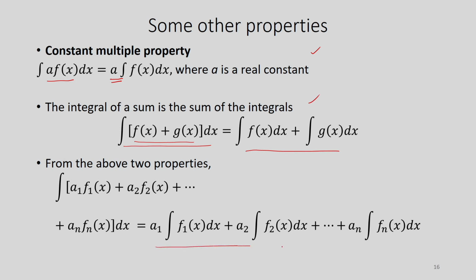This becomes equal to a1 integration of f1(x) dx plus a2 integration of f2(x) dx plus so many terms, and the last term is an integration of fn(x) dx. So, essentially I am first breaking this down into n different parts, right, and then I am taking the constant terms outside the integral in each of these n terms.